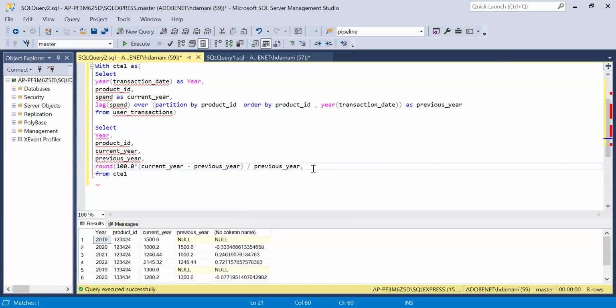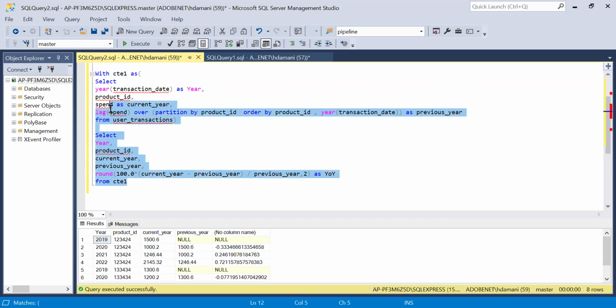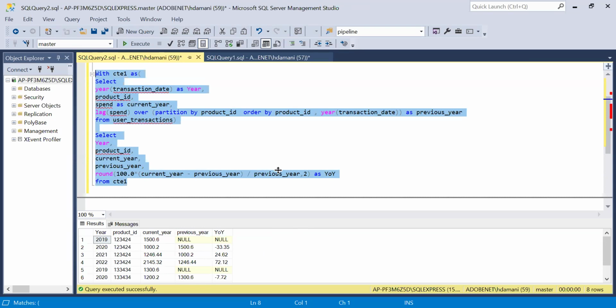So I will use round, and we can round it off up to 2 decimal places, right? So let me just run this once again and show it. And let me give it an alias as YOY. Okay. Now, if I am running this, let's see how it will look.